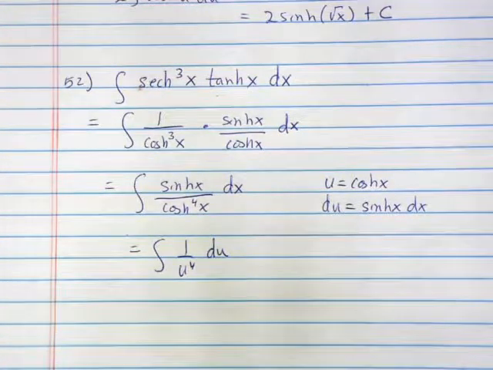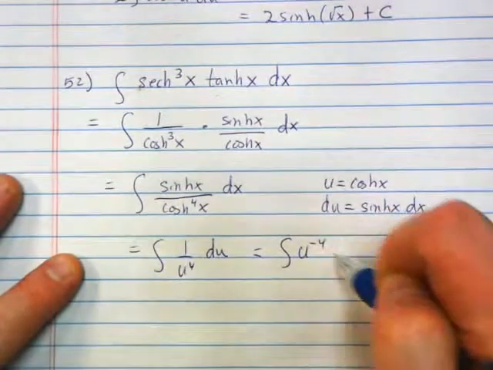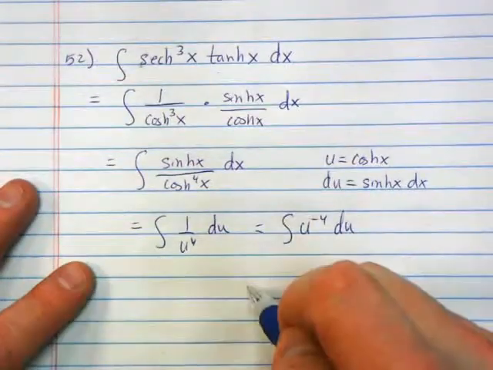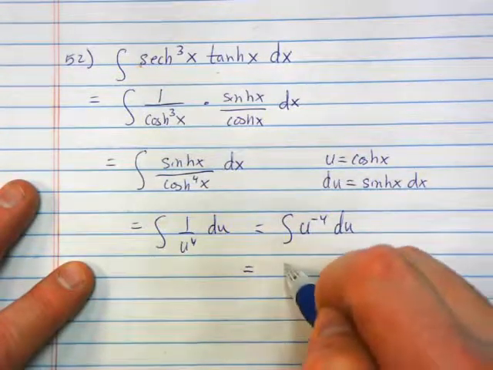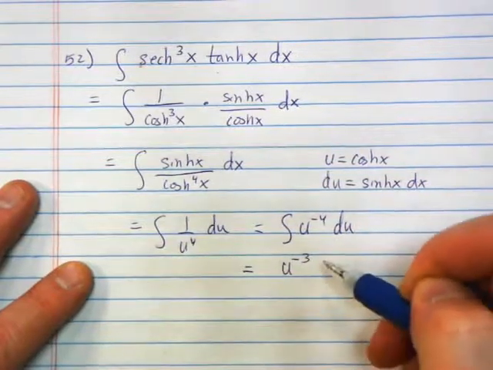What's the antiderivative of 1 over u to the 4th? Think of this as u to the negative 4 du. What's the antiderivative of u to the negative 4? u to the negative 3, you add 1 to your power.